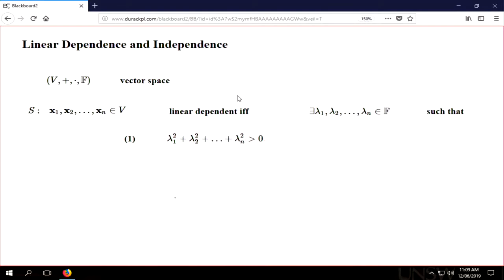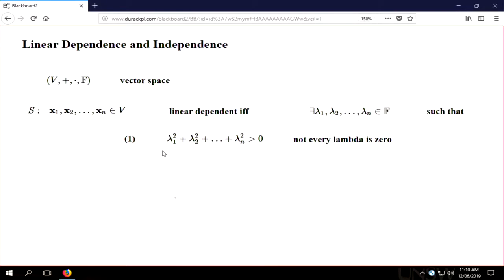You may find this a bit unusual, the way it was given to you. You may have seen it in a different form, this first condition. Effectively, it means that not every coefficient here is zero. This is probably a more familiar statement of this condition. In this form it is more likely that you remember it, but it's an equivalent thing.